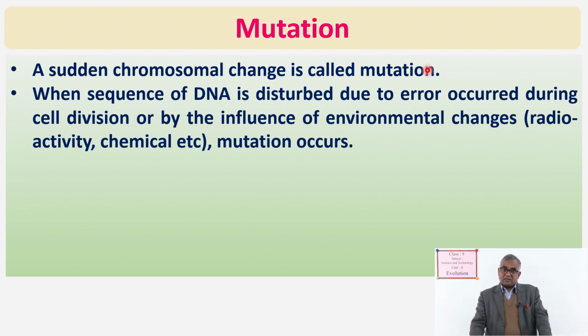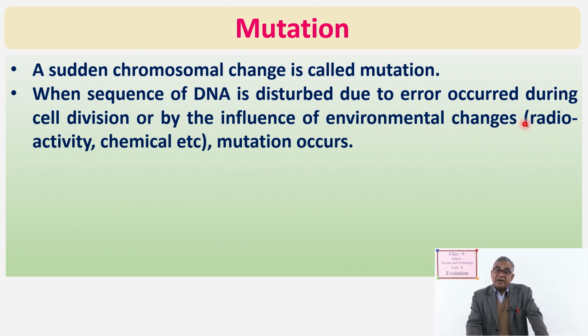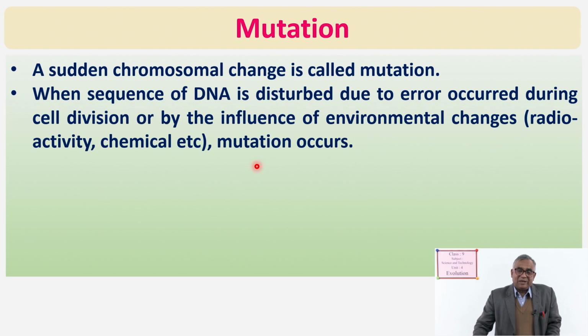If they are disturbed due to an error during cell division, that means before fertilization, at the time of fertilization, or by the influence of environmental changes, that is radioactivity, chemicals, etc., then mutation takes place. Yes. So mutation is always genetic, not somatogenic.